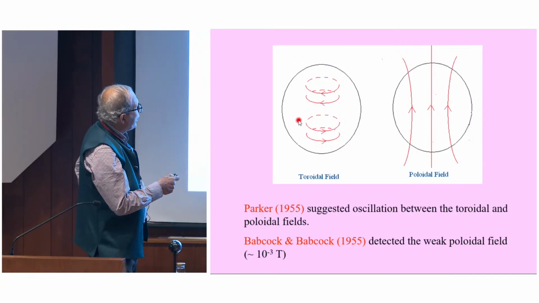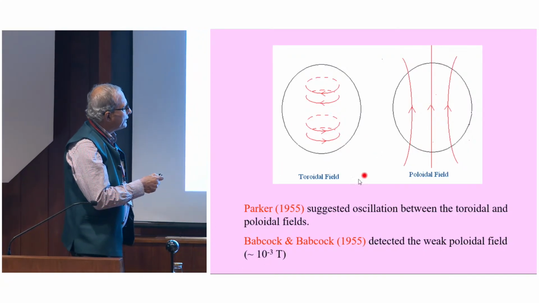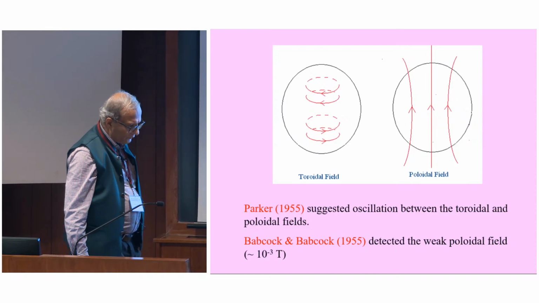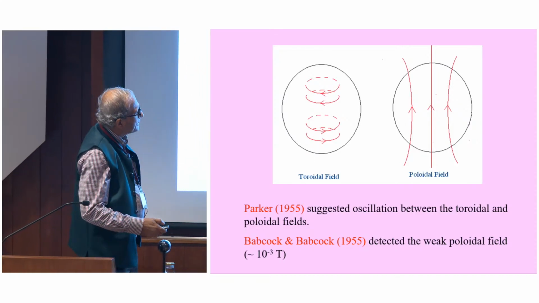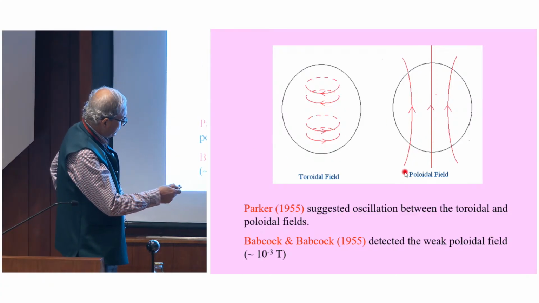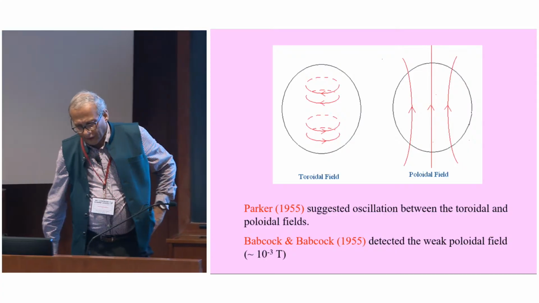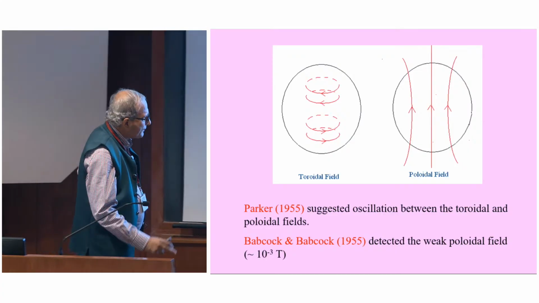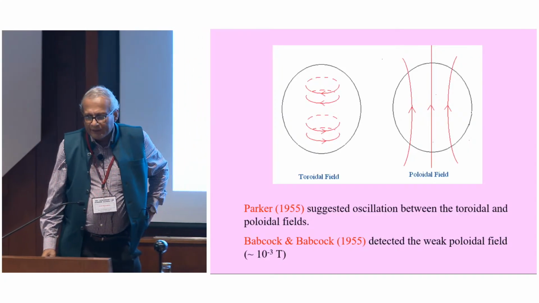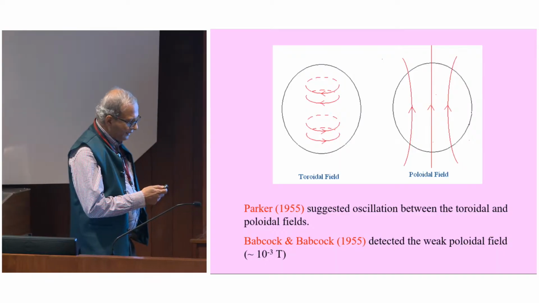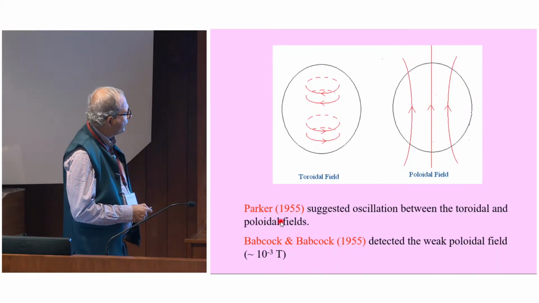In the jargon of our subject, this is called a toroidal field or a toroidal component. And we believe that the Earth's magnetic field looks more like this. This can be called a poloidal field or the poloidal component. A theory which tries to explain how magnetic fields arise in different astrophysical systems is known as dynamo theory.